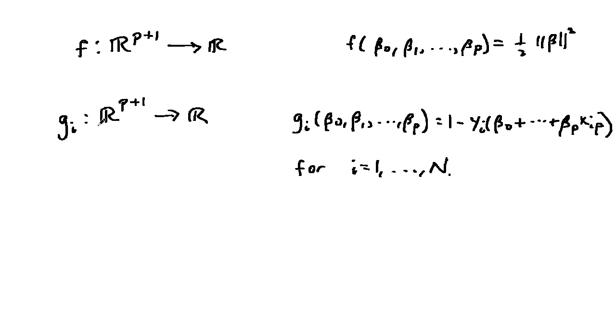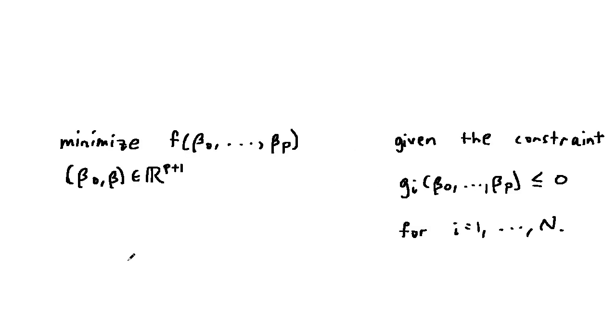G sub i goes from R p plus 1 to R, and g sub i is defined as 1 minus y sub i times beta 0 through beta p x i p, for each i as i ranges from 1 to n. Our convex optimization problem takes the form: minimize f of beta 0 through beta p, where beta 0 beta lies in R p plus 1, given the constraint that g sub i of beta 0 through beta p is less than or equal to 0 for i ranging from 1 to n.